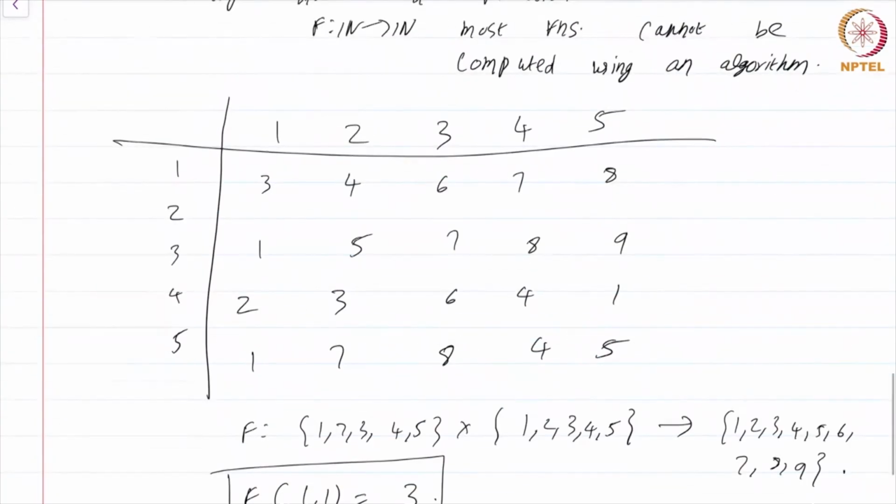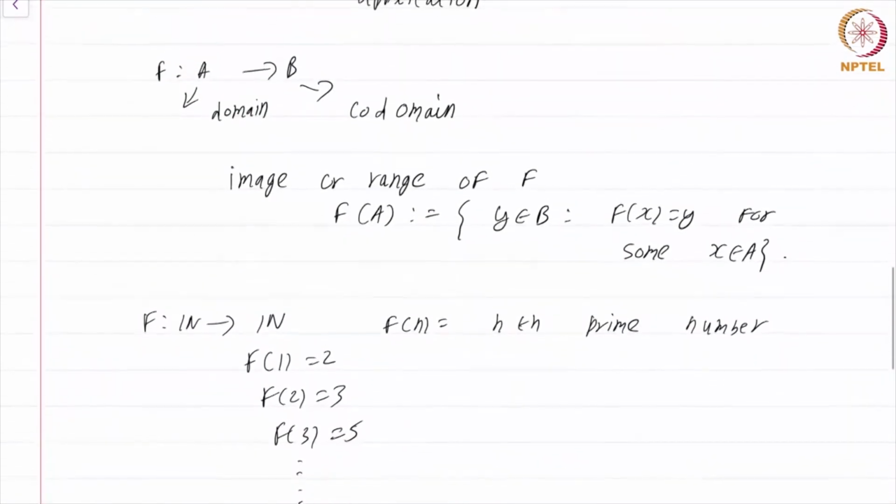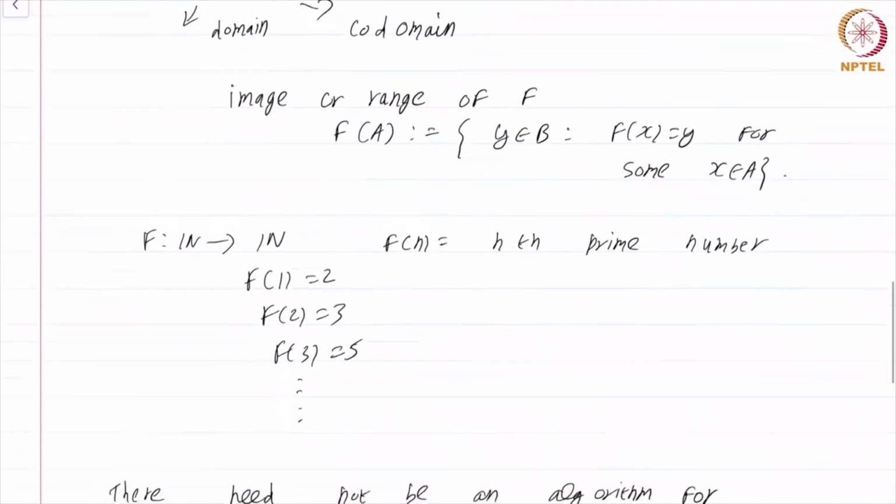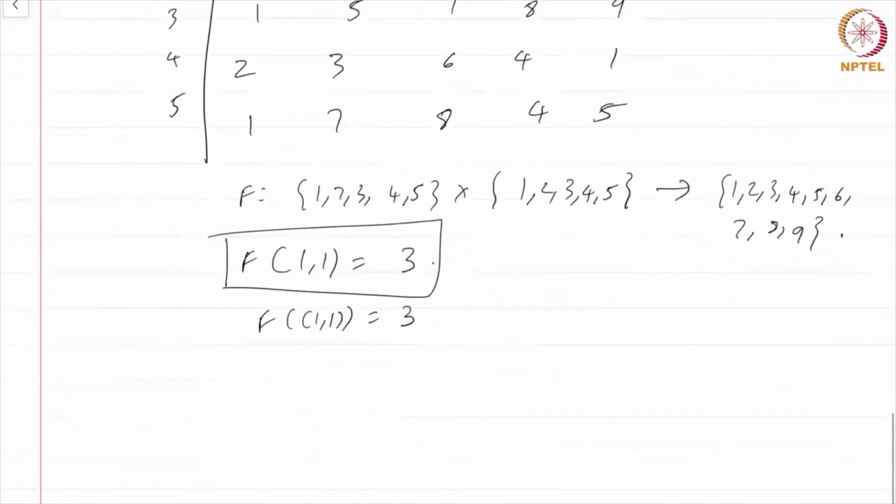You write f of 1 equal to 2, f of 2 equal to 3. Here the element on which the function is defined is itself an ordered pair, so you must write f of (1, 1) within brackets is 3. But that notation quickly becomes very tedious, so we don't use such precise notation all the time, and such things are called abuse of notation. So you can define functions using tables.